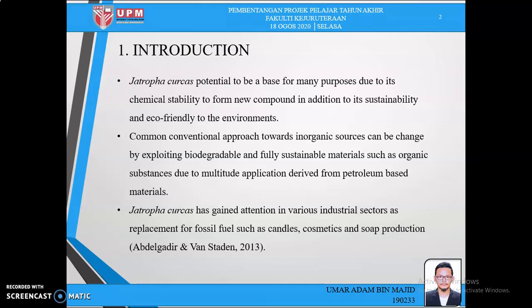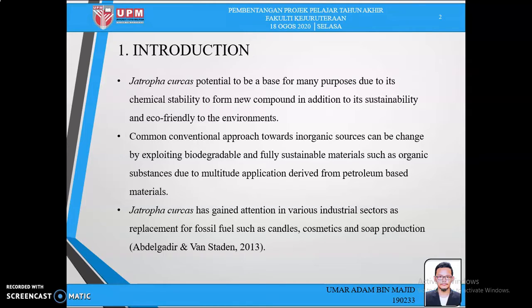Jatropha curcas is a plant from the Euphorbiaceae family, and it's native to Central America. The potential of this plant is for many purposes due to its chemical stability to produce new compounds, and in addition to that, its sustainability and eco-friendliness to the environment.